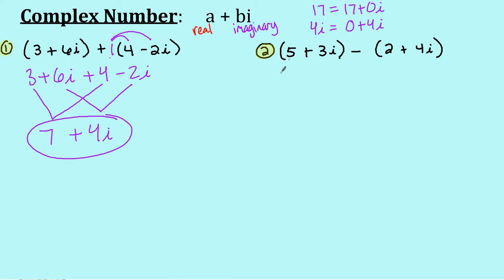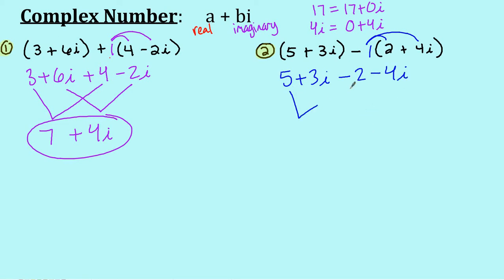All right, here we end up with 5 plus 3i. No multiplying, so we don't need those parentheses. But here we have a -1, so we have to make sure to distribute. Don't forget to distribute the negative to the second one. So many people mess that up. So we get -2 minus 4i.